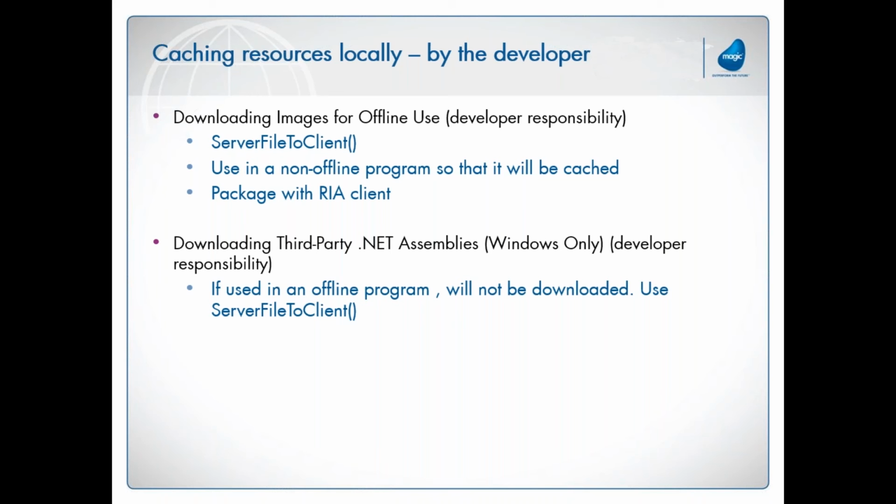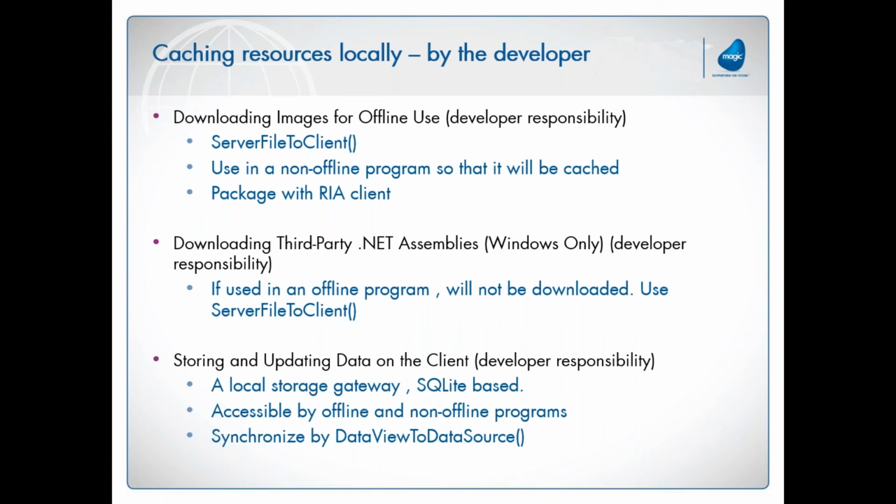So you should either install them before starting your application, or copy them to the client cache using server file to client. Once you install them and run it once, then everything is okay. One approach you can use in this case is to run the entire application once connected to the server, and then you're fine. But if you don't want to do that, then you should copy them in advance.